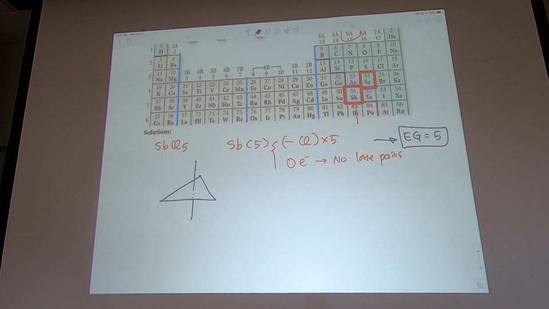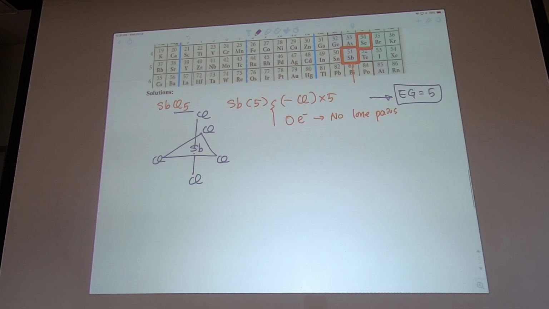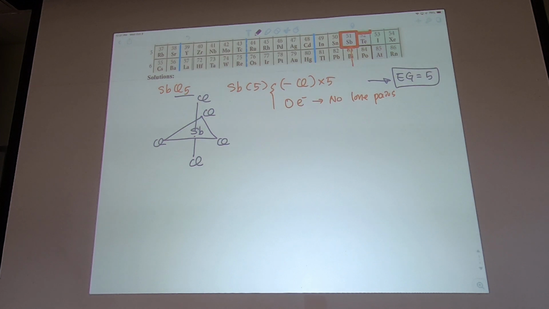That means you've got 5 chlorines located on the triangle plane and the axial up and down positions. So that's where they're located, and antimony is in the middle like this. And there is another notation that most people use. Imagine those 3 lines on the same plane, and this one is moving away from that plane, and this one is sticking out of the plane.